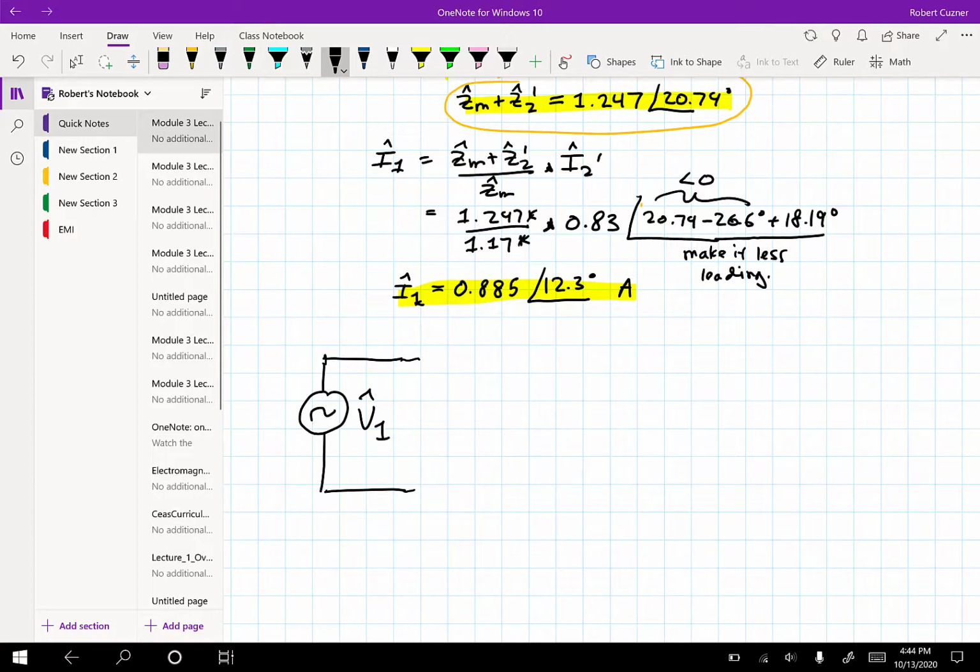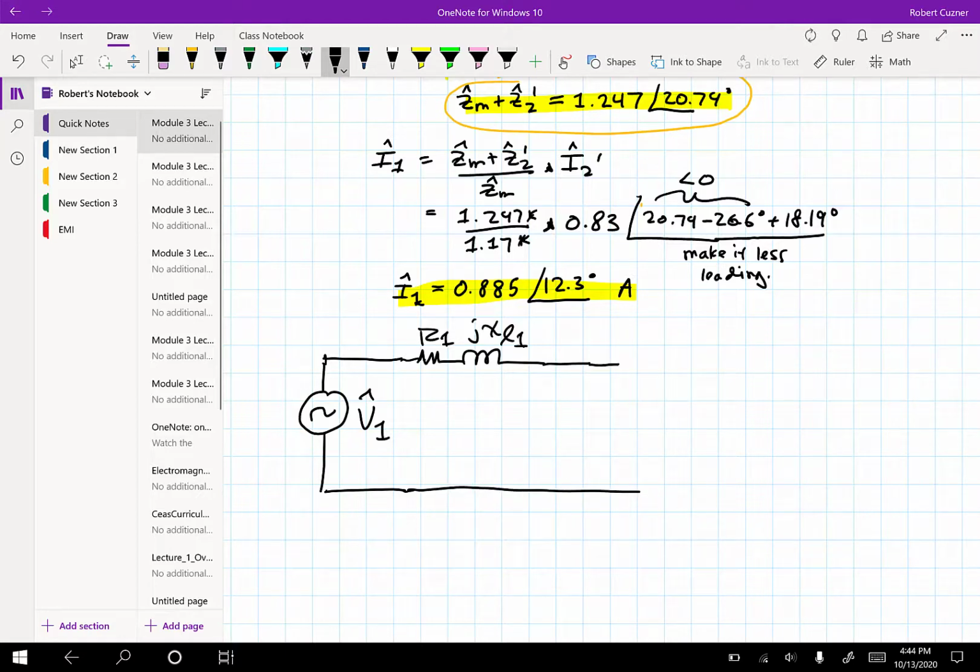It's going to be larger than what was applied across the magnetizing voltage, for example, by the voltage drop across R1 and jXL1.